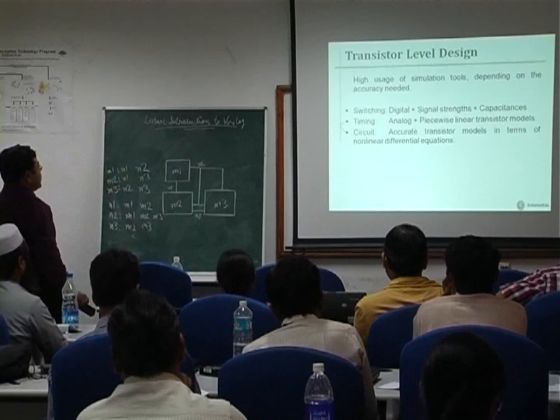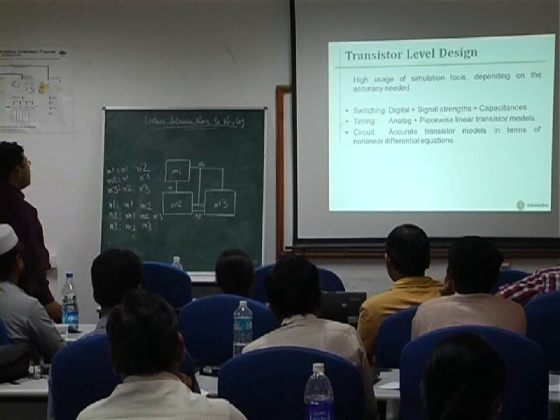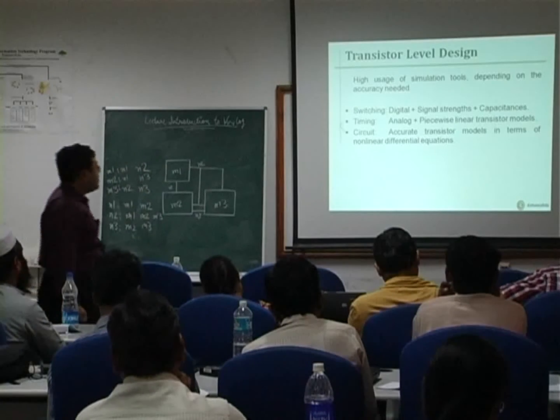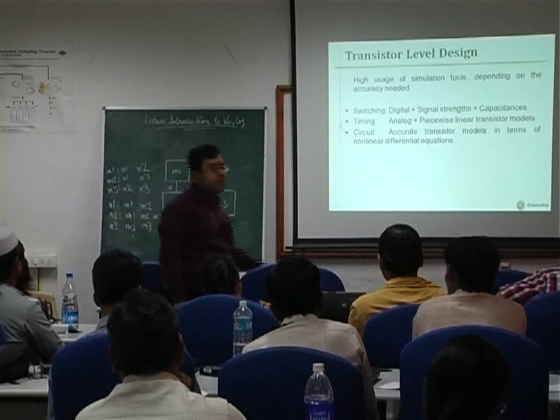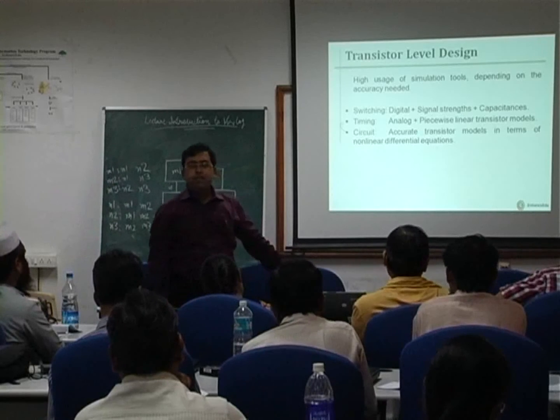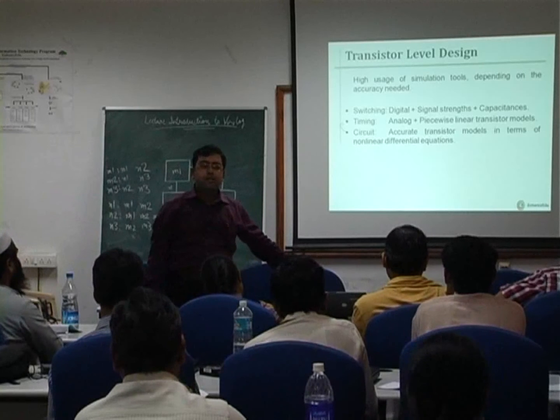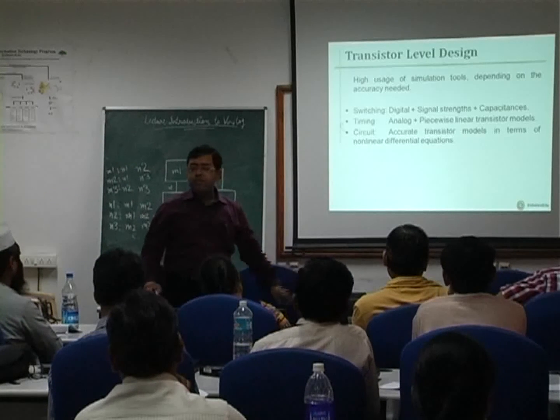So what are the things we really need to take care of at the transistor level? We need to take care about the switching behavior of the circuit. We really need to take care of the timing behavior of the circuit, which means we have to ensure that the appropriate signal reaches the appropriate transistors at appropriate instance of time.